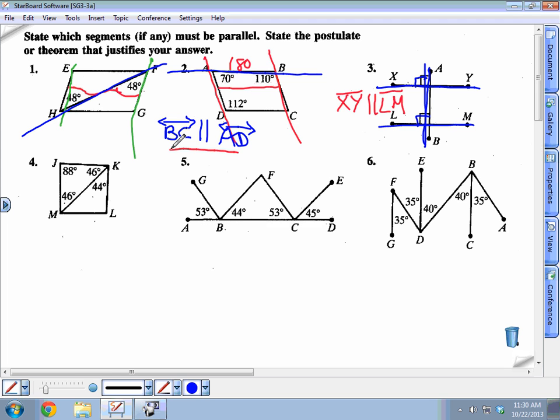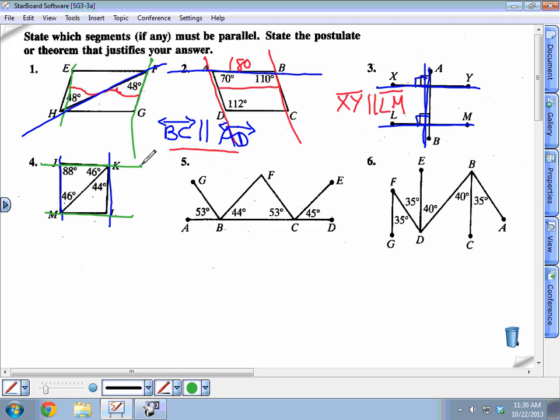Now let's take a look over here. 46 and 44 are alternate interior angles, aren't they, if I was talking about these two lines? And they are not congruent. So those two lines can't be parallel, can they? They can't be. All right, so let's take a look at the other two lines, the green lines, line ML and line JK. Can they be parallel? Well, what do I know is true?